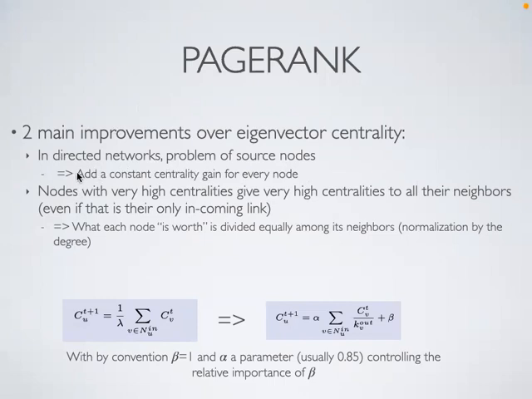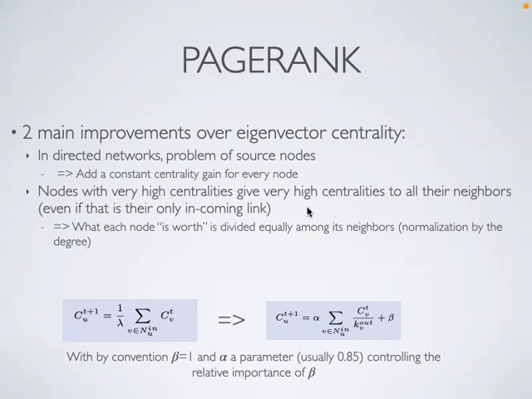So their solution is just to add a constant centrality gain for every node. Okay, simple. And this is just a change in the formula here, where they add this parameter to add some constant gain.